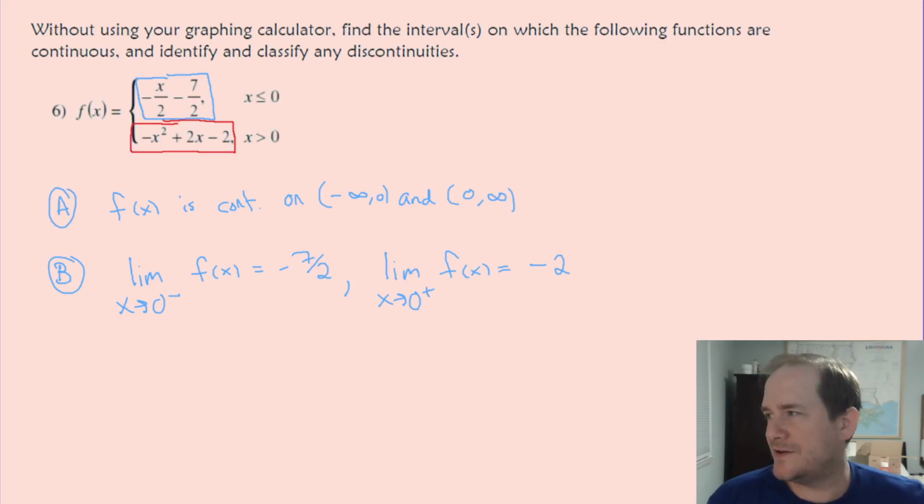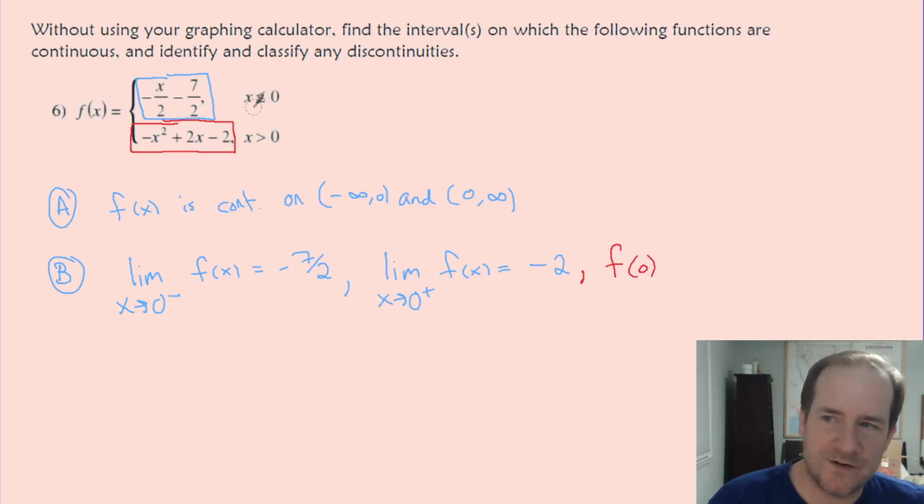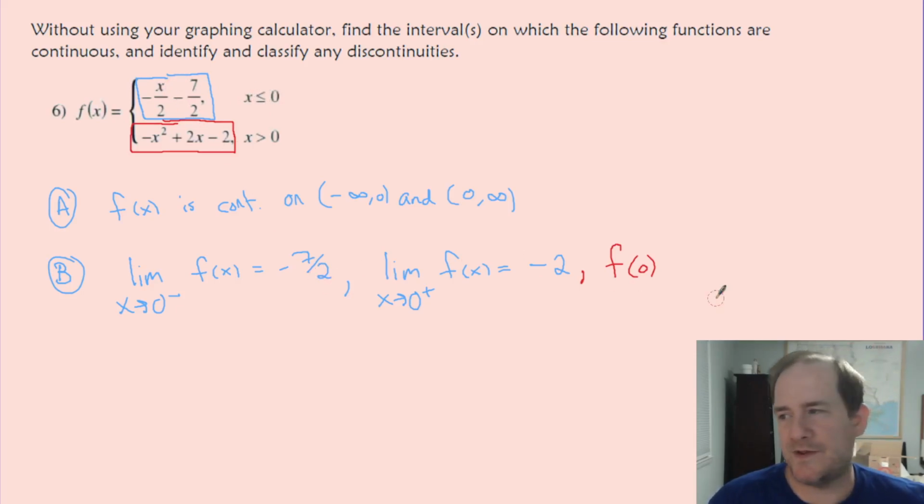Now, I don't need to know this, but just because we do know it, it wouldn't kill us to say that the actual function value at 0 is given by the one that has the underline, right? That says x can be 0. So it would come from the line, it would be the negative 7 halves.